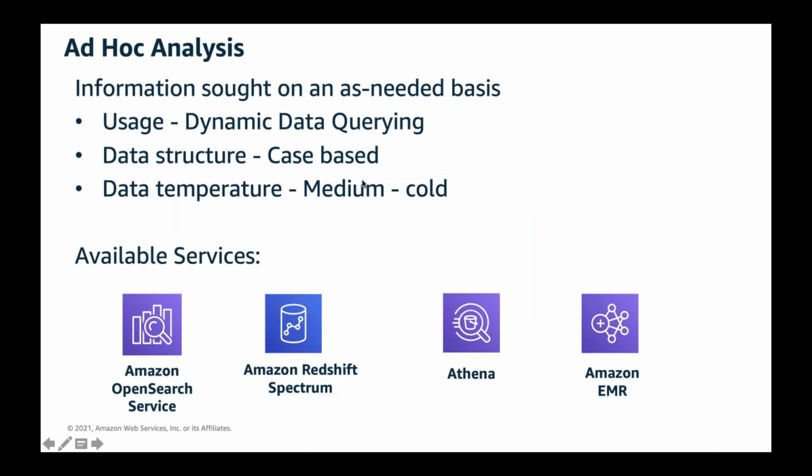So let's move on to one of the last categories we'll cover, which is ad hoc analysis. With ad hoc analysis, we're typically referring to operations that are only performed when the intended insights are not already well established ahead of time, or the information that's sought after is on a one-off basis. So with that, your data store typically needs to have support for a robust querying language across a wide range of indeterminate functions.